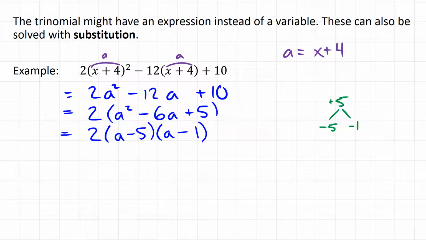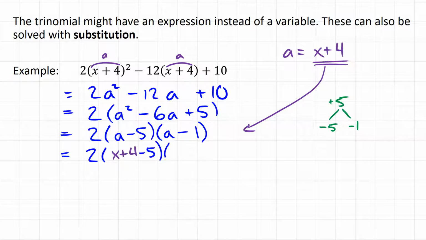And then again, I don't want a in my final answer, I want x's. So I have to substitute back in x plus 4, and that gives me 2 times x plus 4 minus 5 and x plus 4 minus 1.